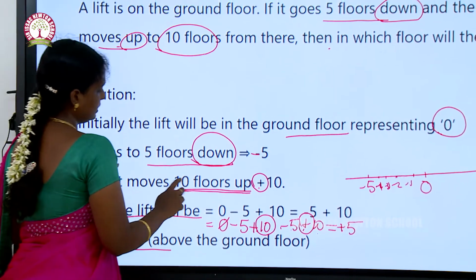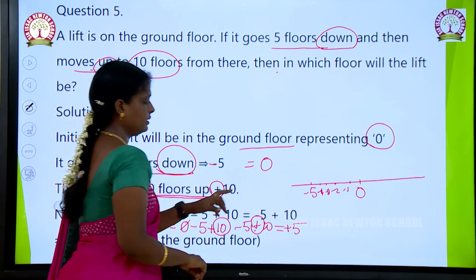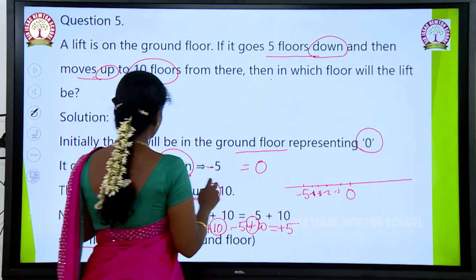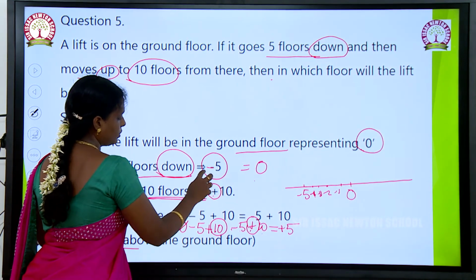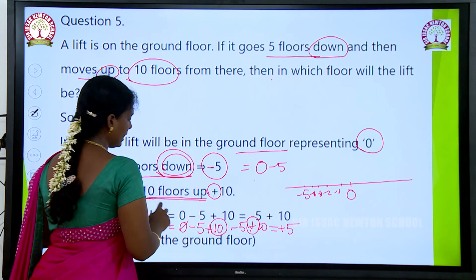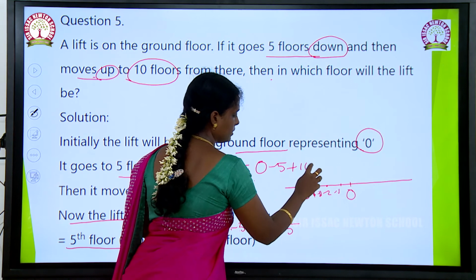The lift is in the ground floor, which is at 0. Then it is moving 5 floors downwards, so minus 5, and then again it is moving 10 floors up, so plus 10.